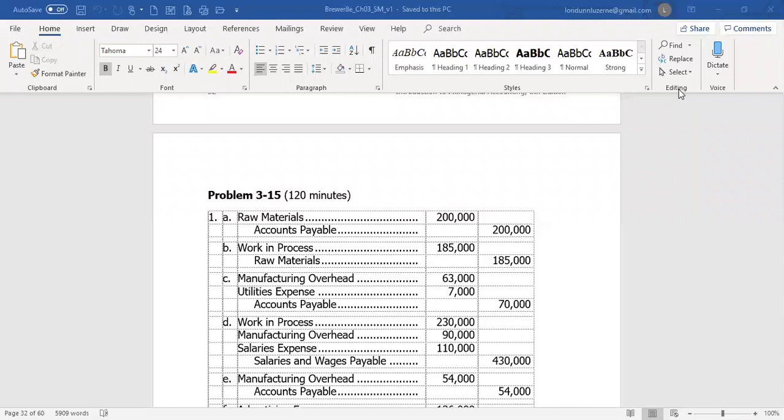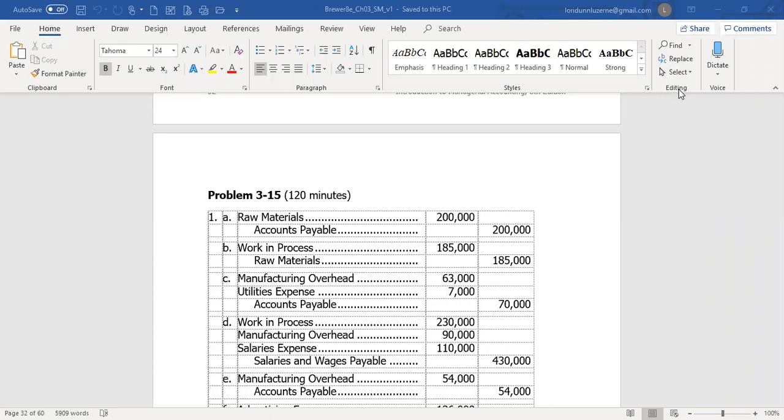Accounts payable again is a liability, and we increase liabilities on the credit side. That's where we're storing amounts we owe to our suppliers. In B, now they took some of those raw materials and transferred them into production. 185,000 of them. So now we're going to debit the inventory asset account work in process.